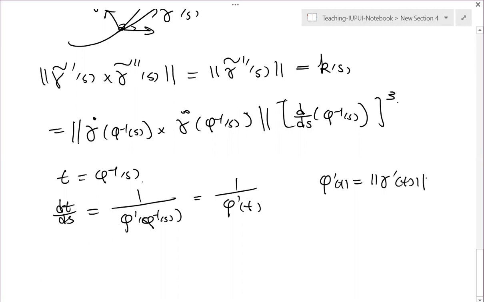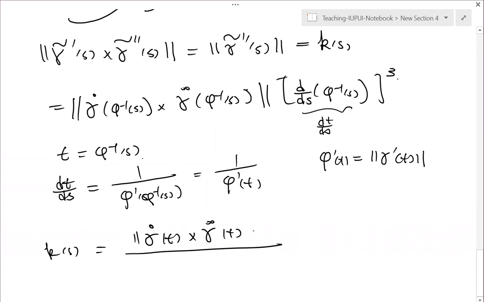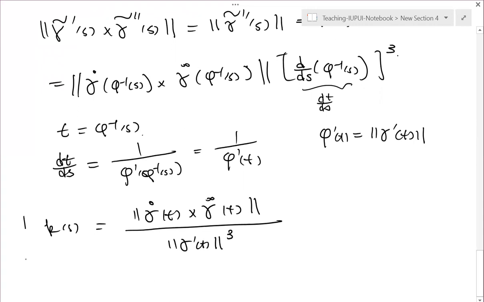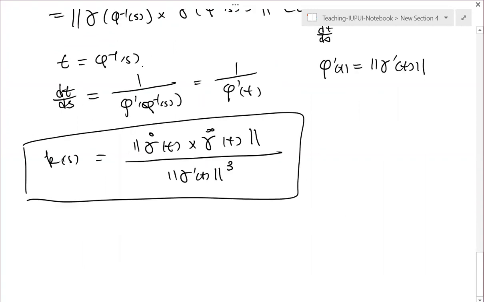So this is dT/ds. Now it's going to the denominator, so ks is going to be this. We find a nice formula. The relationship between s and t is already given, so this is for an arbitrary parameterization. This is how we use it to compute curvature.